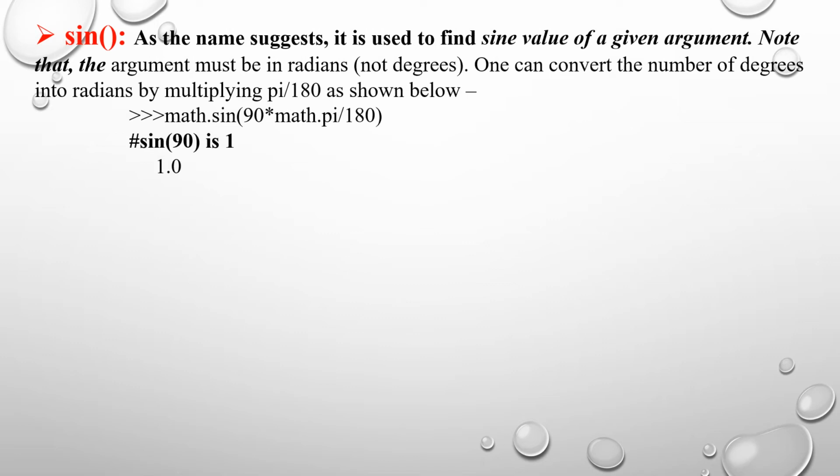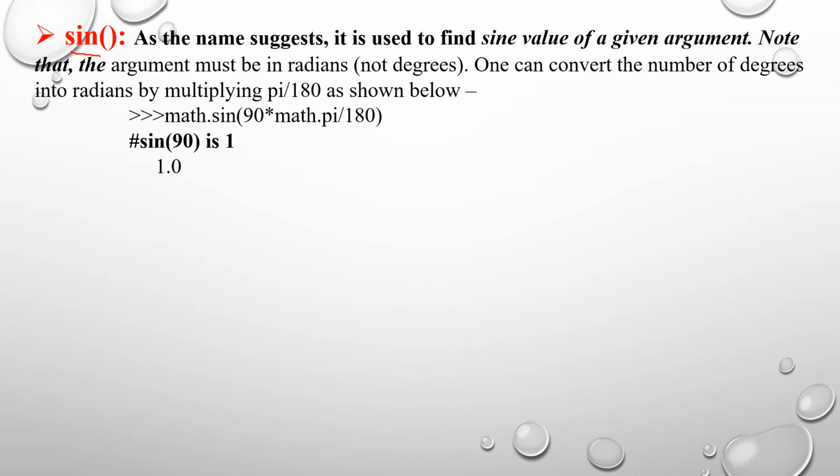The next is the sine function. This is a trigonometric function. As the name suggests, it is used to find the sine value of the given argument. Note that the argument must be in radians, not degrees. One can convert degrees into radians by multiplying by pi divided by 180, as shown below.